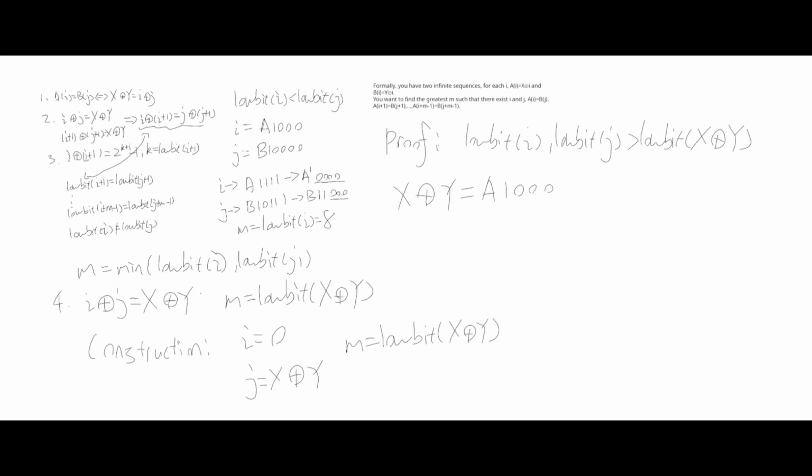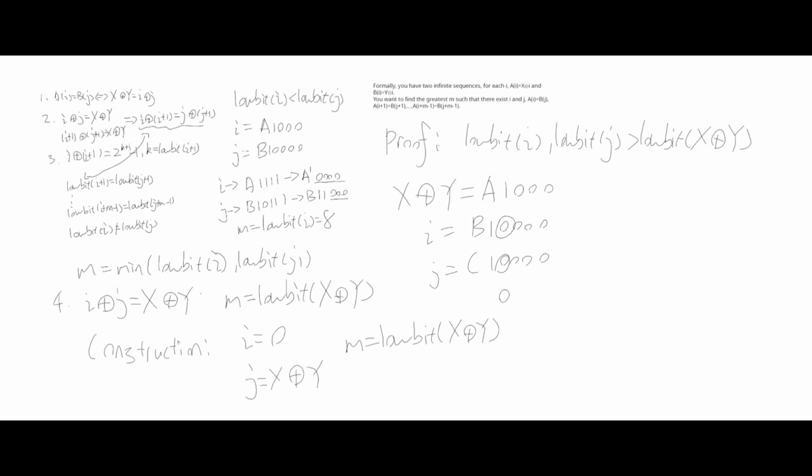And because the low bit of I and the low bit of J are both greater than the low bit of X XOR Y, their low bits are 4 or more. So let's assume that I is B10000 while J is C10000. Then when we do the bitwise XOR operation, this bit, which is the fourth bit, will give us 0.